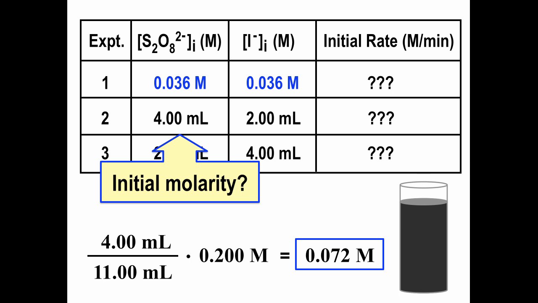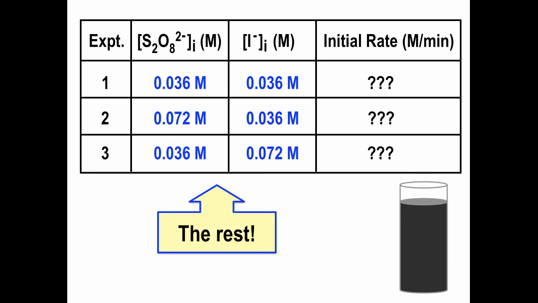And again, this is the real initial molarity after the dilution occurs. Second experiment, the amount of I- is 2 milliliters of 0.2 molar, same type of dilution, so 0.036 molar. Third experiment, S2O8 2- is 0.036 molar, and I- is 0.072 molar. So we were either using 2 milliliters or 4 milliliters of the reactants, always diluting by a factor of either 2/11 or 4/11, and so there are our initial concentrations.